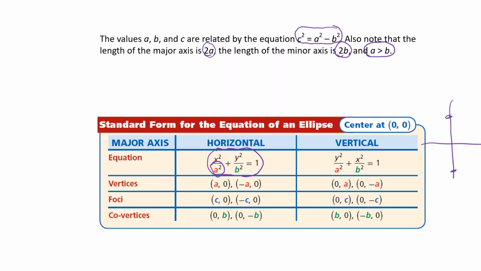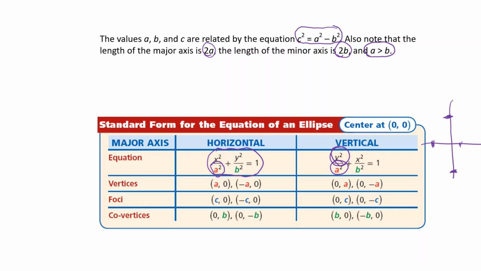So it's y squared over a squared plus x squared over b squared, because b squared is now the minor, all right? So notice that the a squared is going with the y squared because it's vertical, and that's where your major is. The major is on the vertical, which is the y squared, okay?